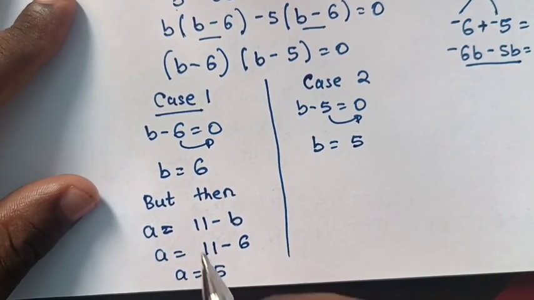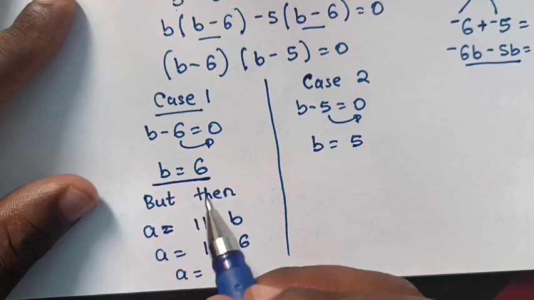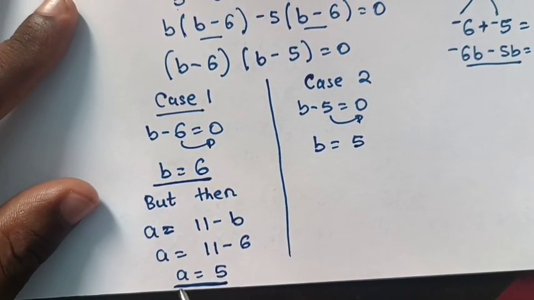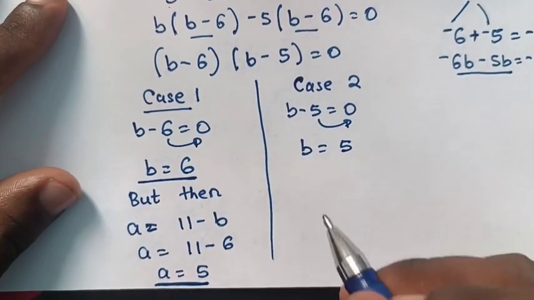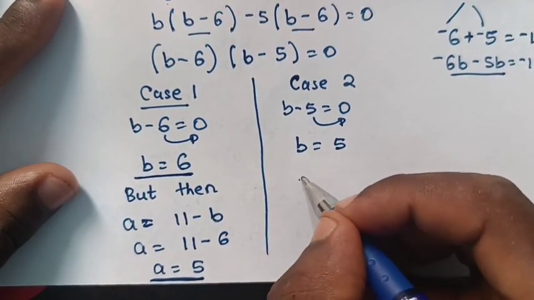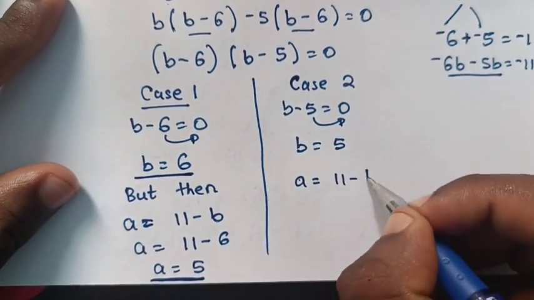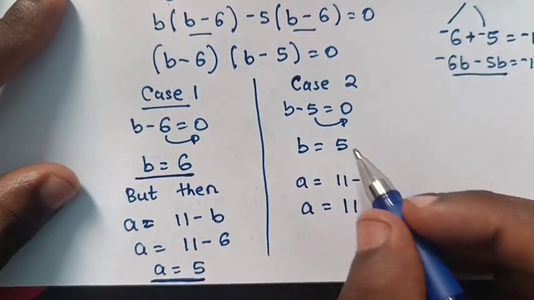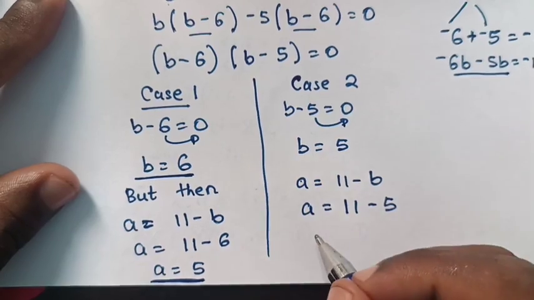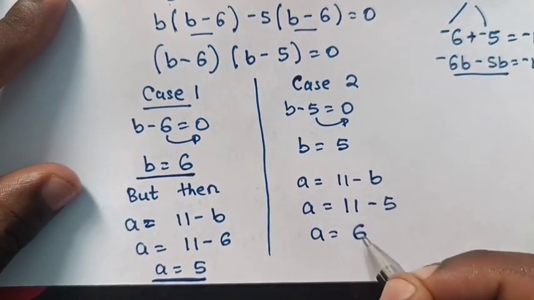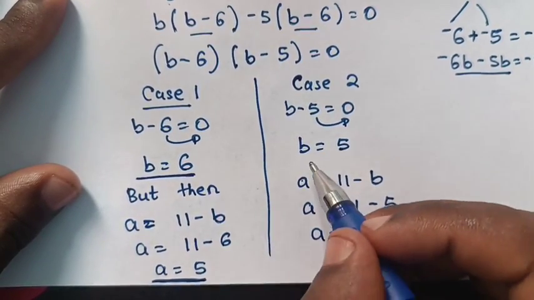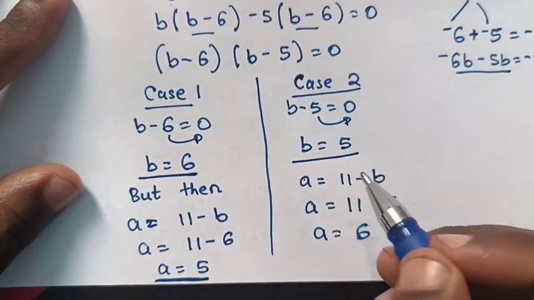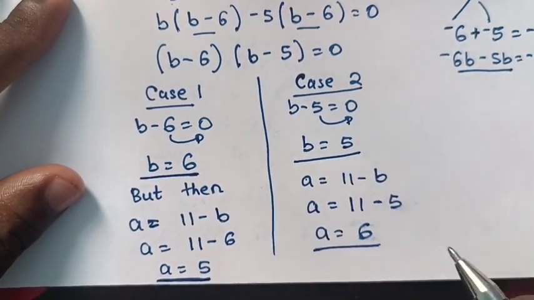So in case 1, b is 6 and a is 5. And in case 2, from a is equal to 11 minus b, a is equal to 11 minus 5. Then a is equal to 6. So in case 2, b is equal to 5 and a is equal to 6.